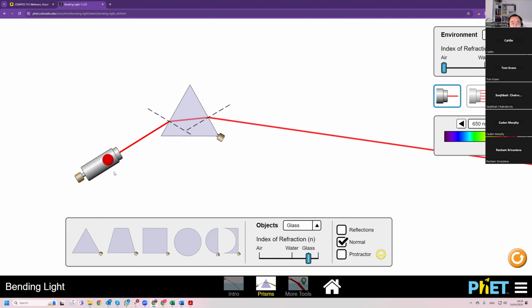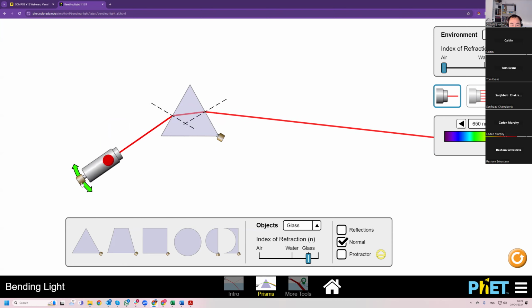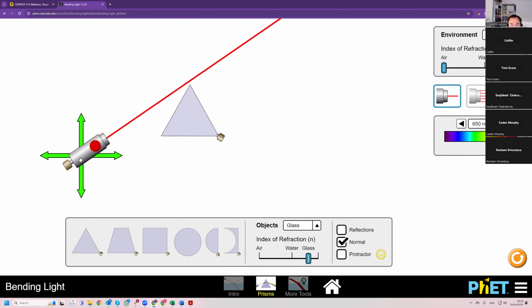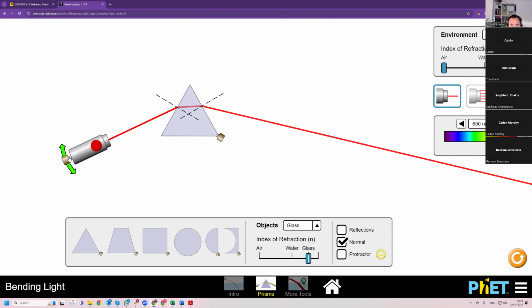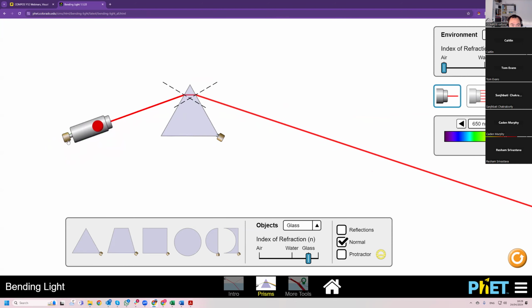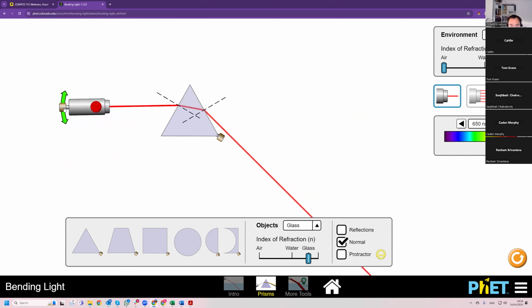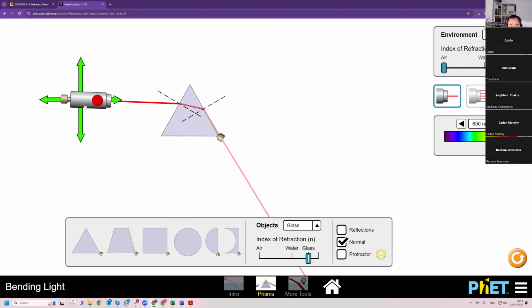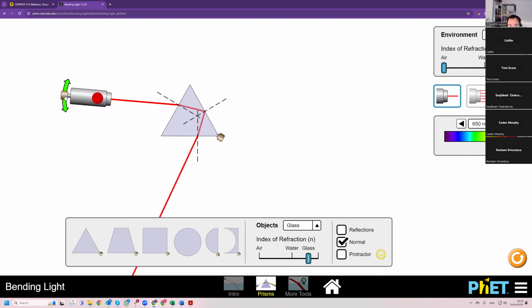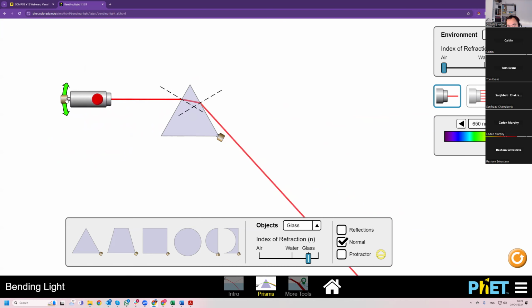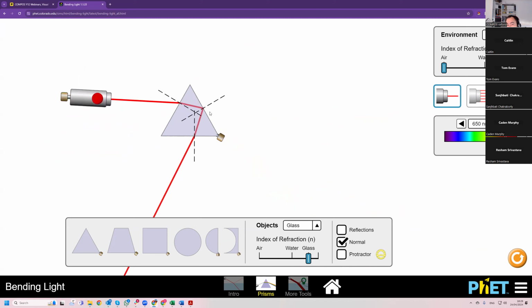Okay, so at some point, you can have a situation where light doesn't escape. So we have refraction, refraction, and now you have refraction, reflection, refraction.